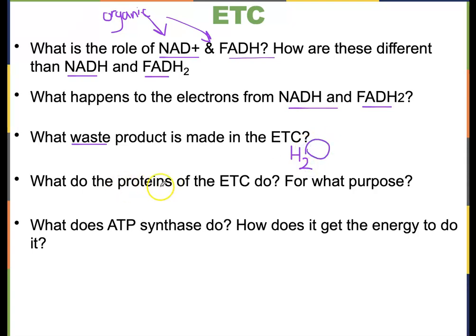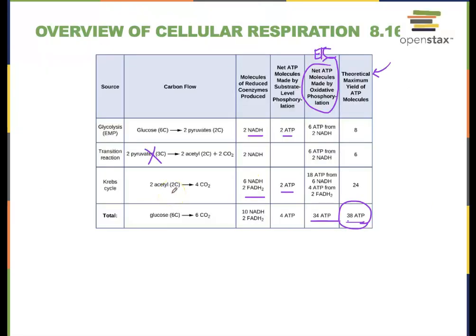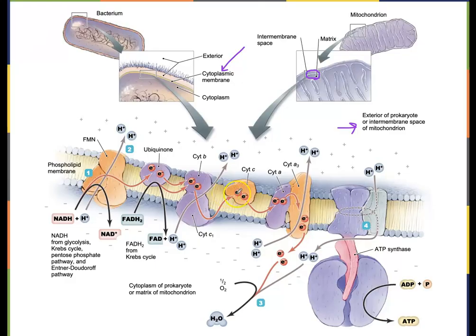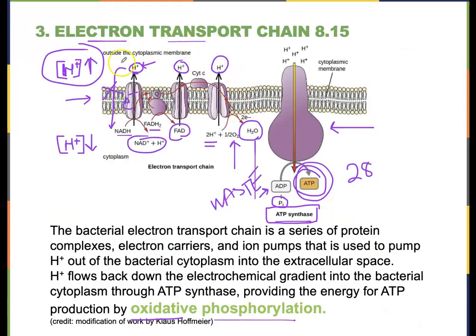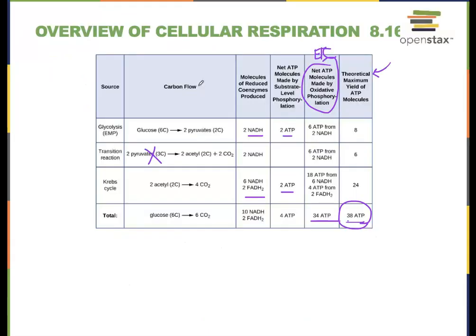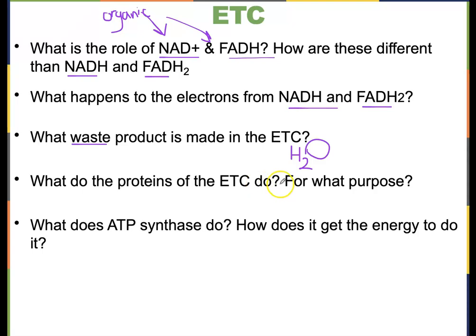What do the proteins of the electron transport chain do, and for what purpose? By the proteins, I'm talking about all of these proteins right here. I'm not talking specifically about this enzyme. This is the electron transport chain. This is just an enzyme that happens to benefit from the chain. So what do the proteins do in the electron transport chain?